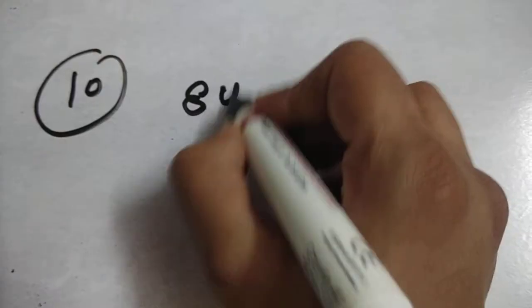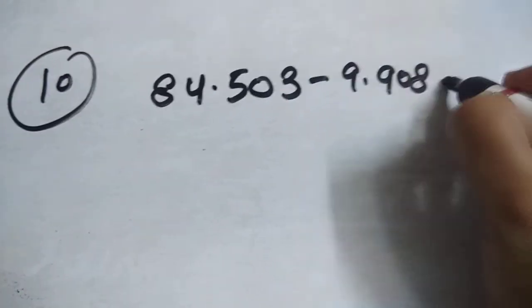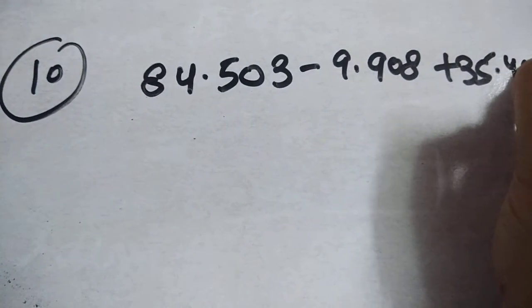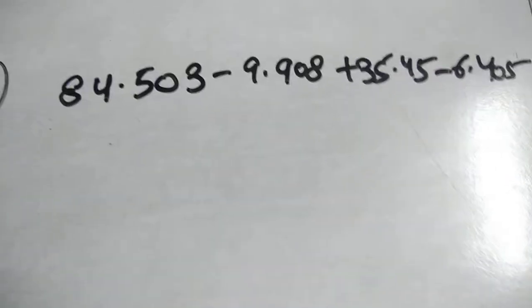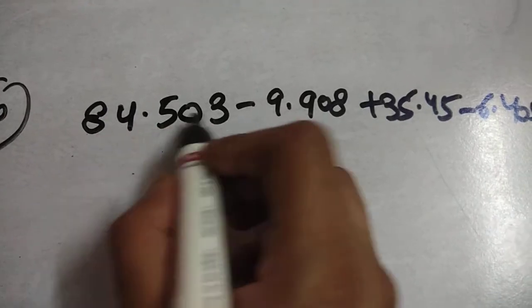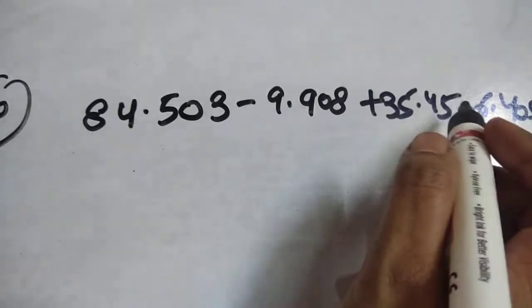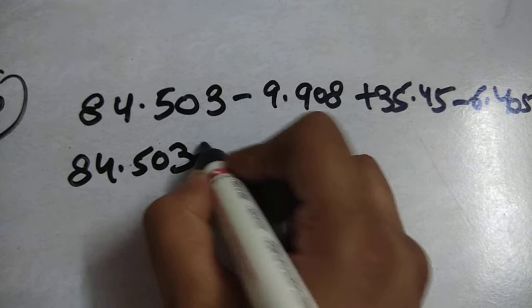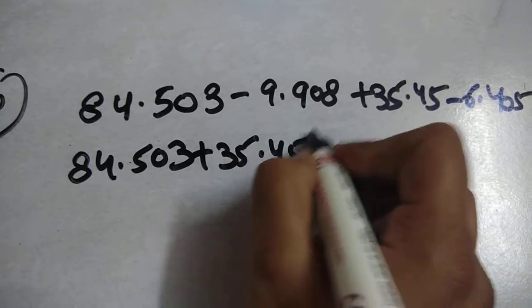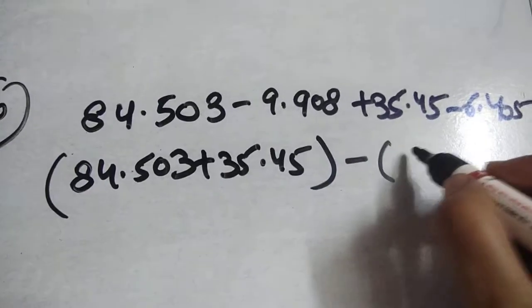In question number 10, simplify the following. First we arrange this: the plus sign is here, this is positive, this is also positive, and these are negative. This is negative, this is also negative.